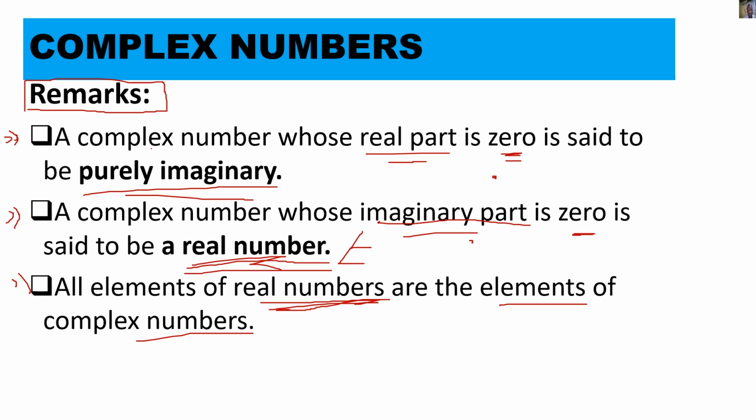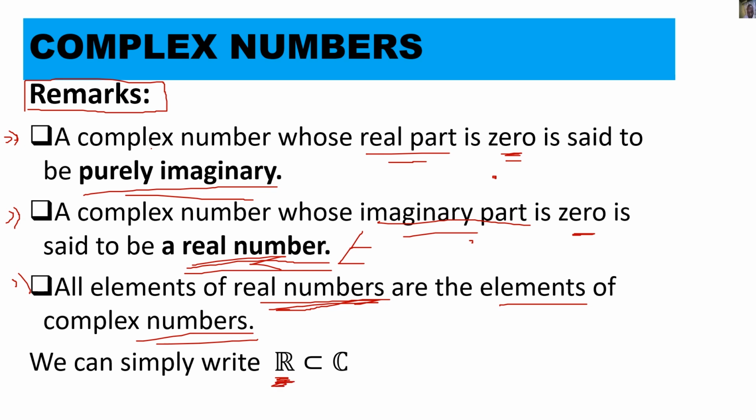Then it becomes a complex number. So all elements of real numbers are the elements of complex numbers. Here we can write, all elements of real numbers are included in complex numbers. Or simply we can say that the set of real numbers is a subset of complex numbers.